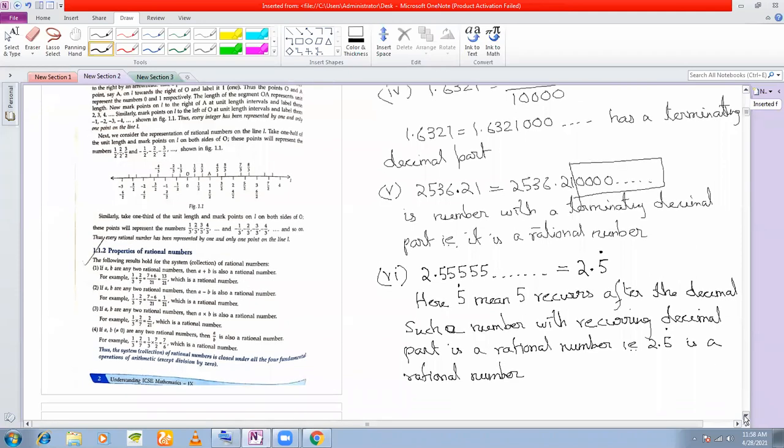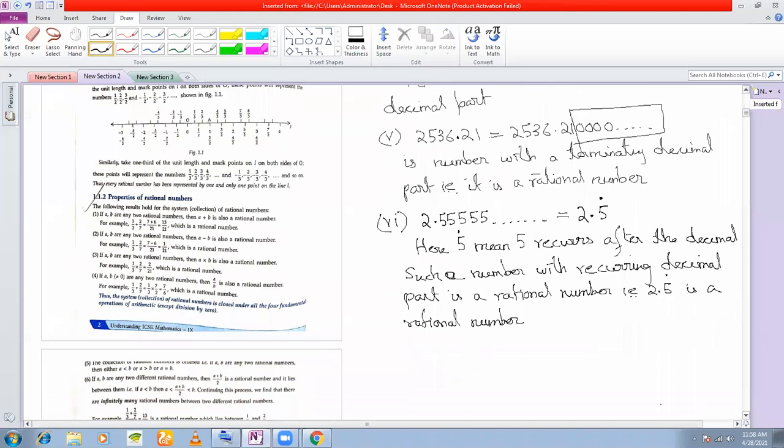So here 5 was recurring, only one digit was recurring. There can be 2 digits recurring, 3 digits recurring. Even in those cases, you can still say that those are rational numbers. For example, let us say I have 53.757575, and this continues indefinitely. You know how this number is written in short?